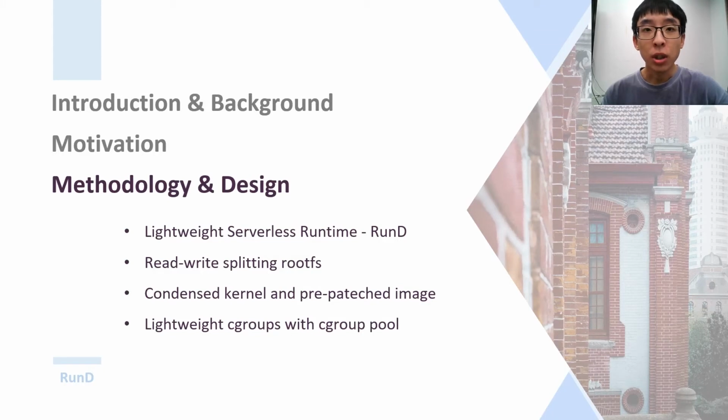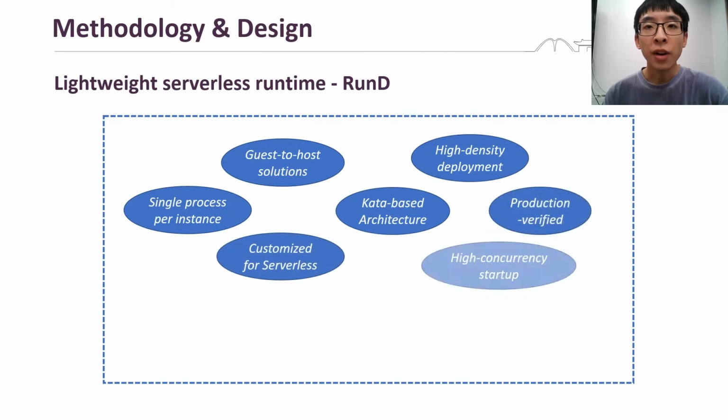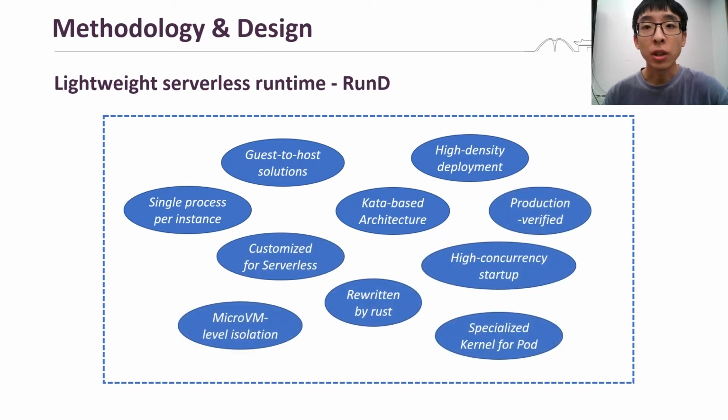So how does RunD resolve these challenges? We have three main optimization points: read-write splitting rootfs, condensed kernel and pre-patched image, and lightweight cgroups with cgroup pool. When designing RunD, we have a key implication for serverless runtime.